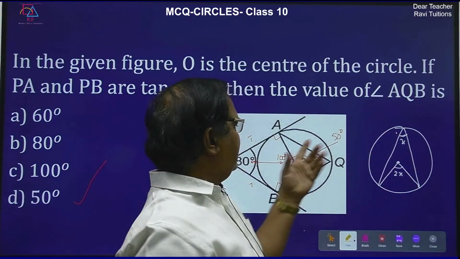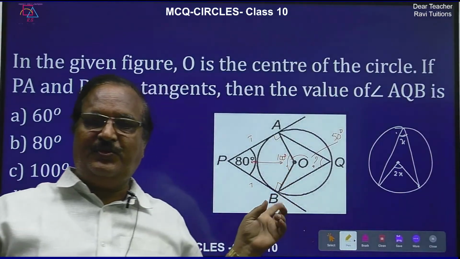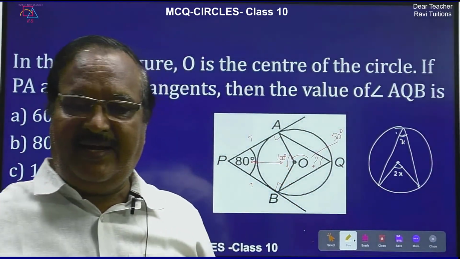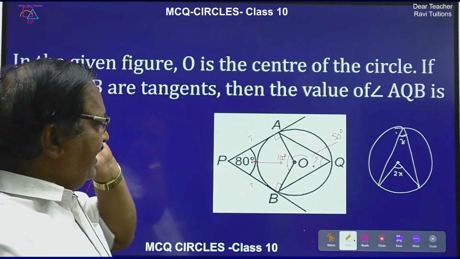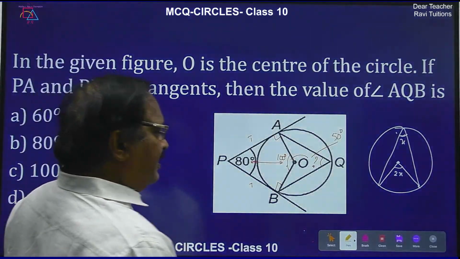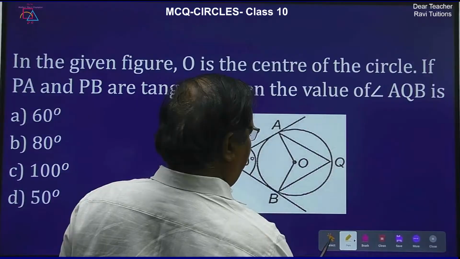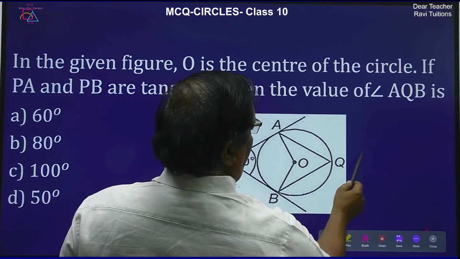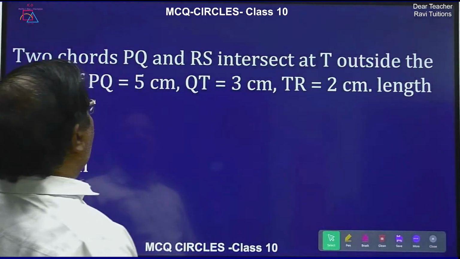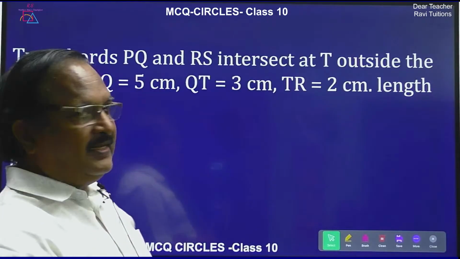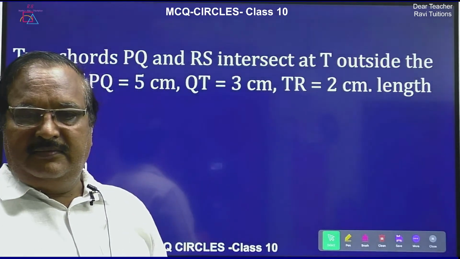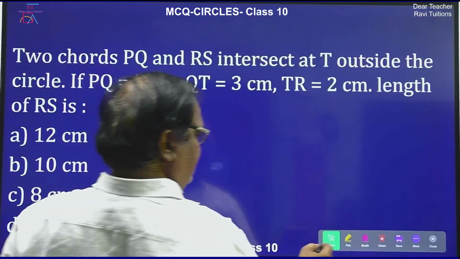So this concept we have to use in this question. So 9th class concepts are also needed. So don't neglect 9th class. So let us go to one more question. Two chords PQ and RS intersect at T outside. Let us see.